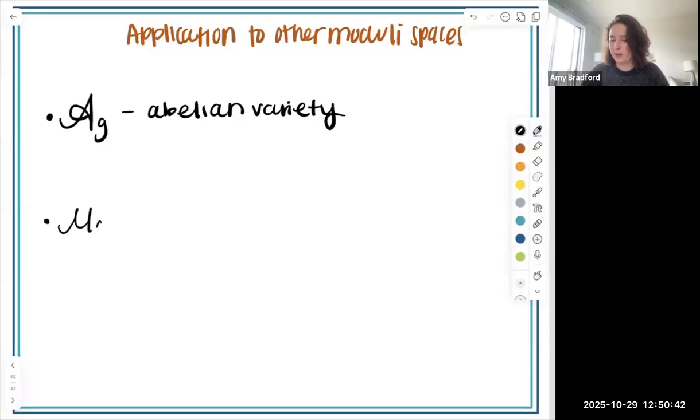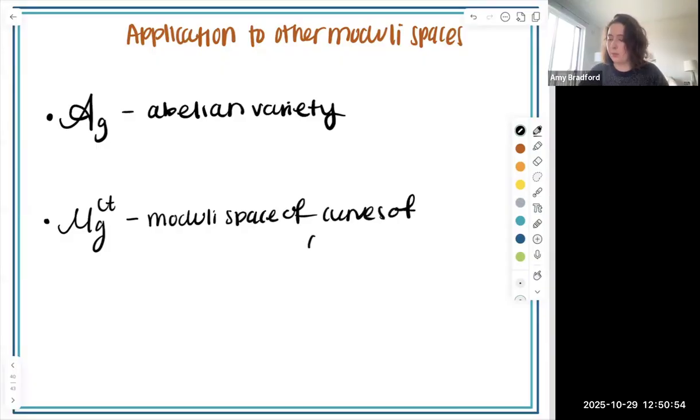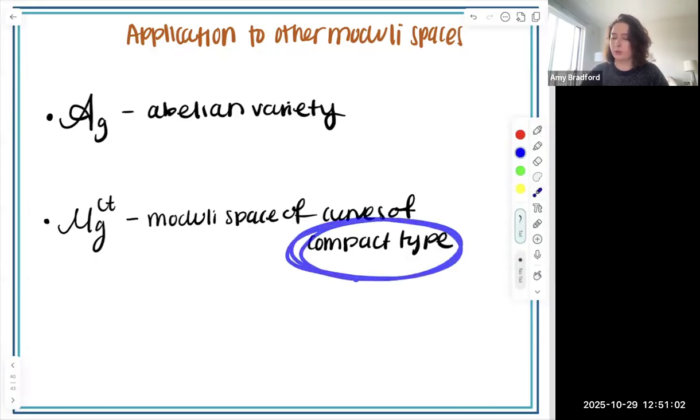And then finally, the last space I'll talk about is the space that I'm interested in, which is the moduli space of curves of a specific type, which are called of compact type. And this is something technical, saying that the dual graph of a curve has to be a tree.